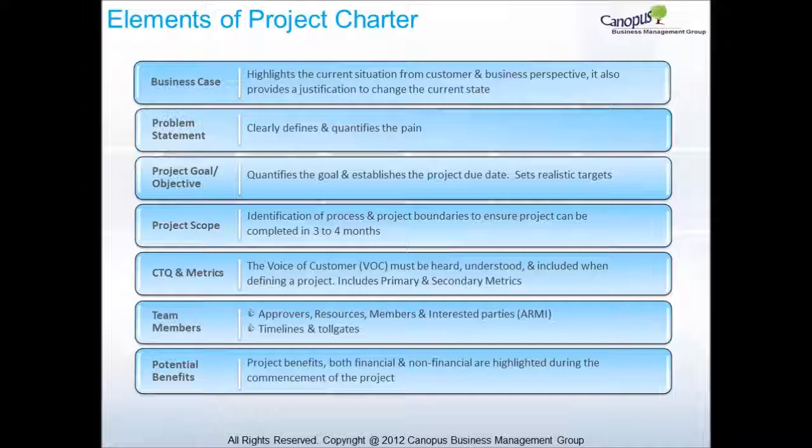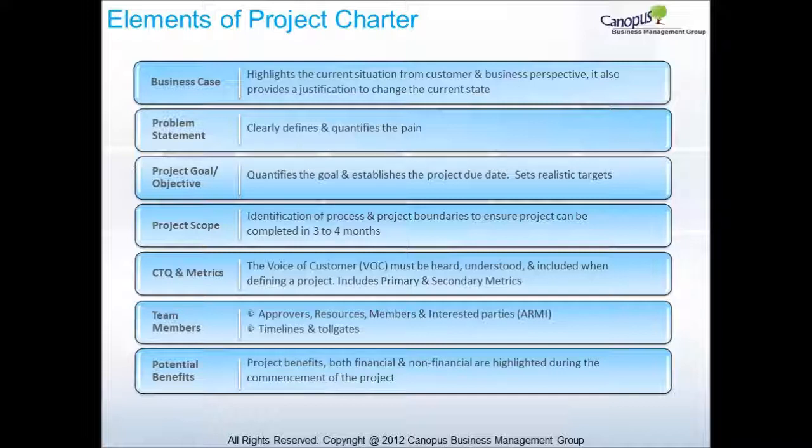It also provides a justification to change the current state. A problem statement clearly defines and quantifies the problem or pain. The project goal or objective quantifies the goal and establishes the project due date. It also sets realistic targets that are achievable.